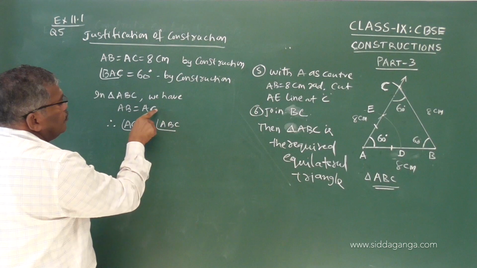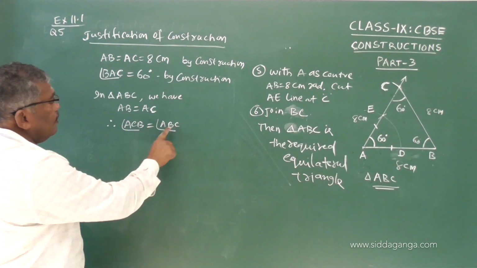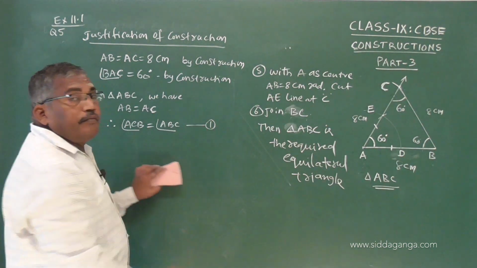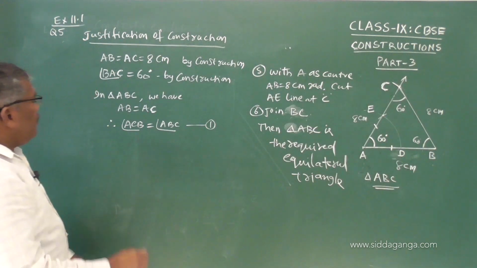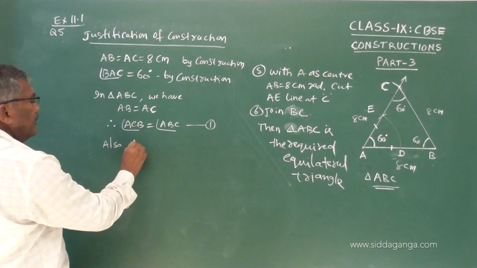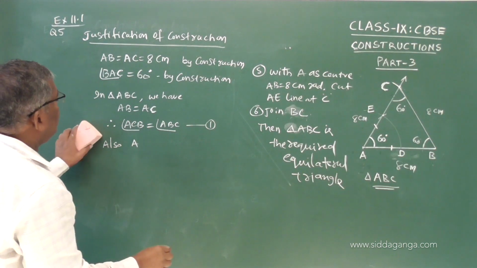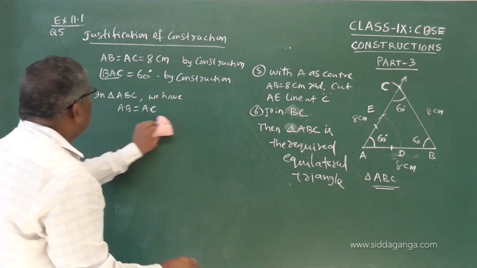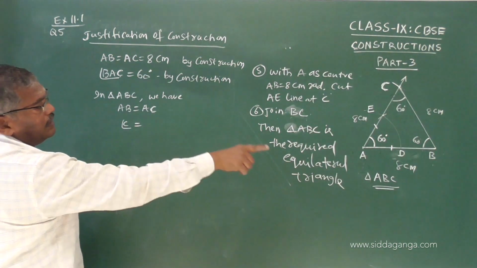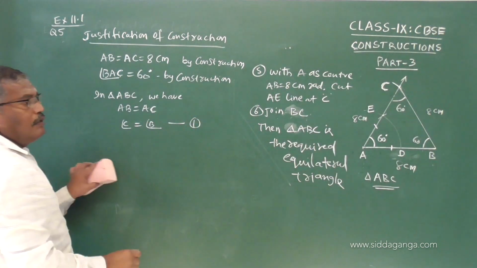So this angle is opposite to this side, this angle is opposite to this side. So these two are equal. Angle C is equal to angle B. You can call this equation 1.